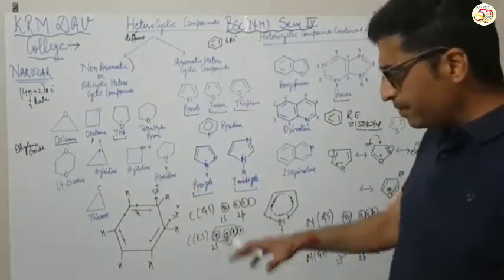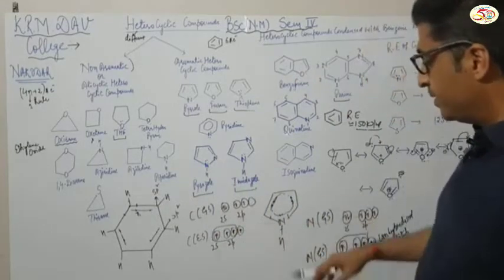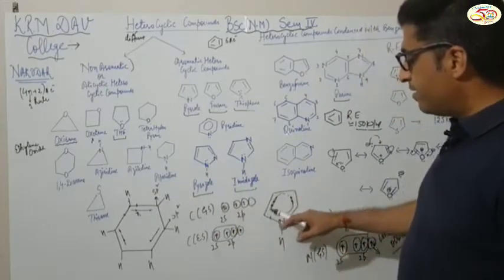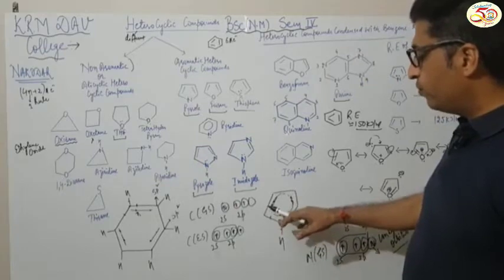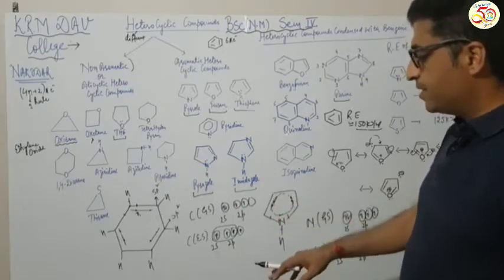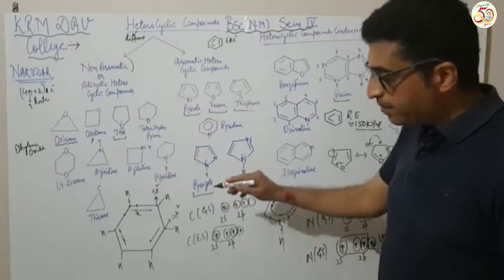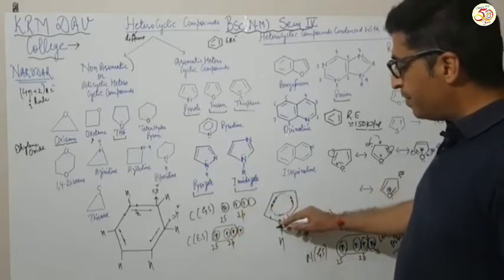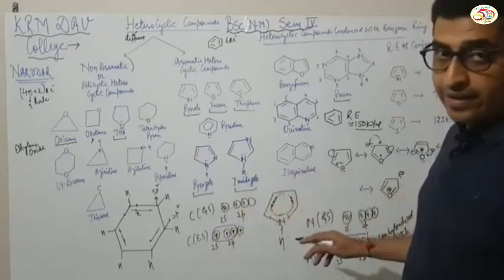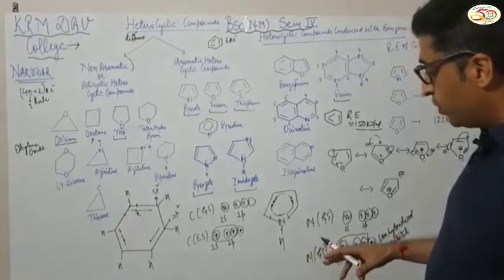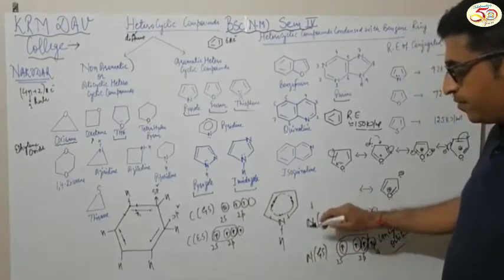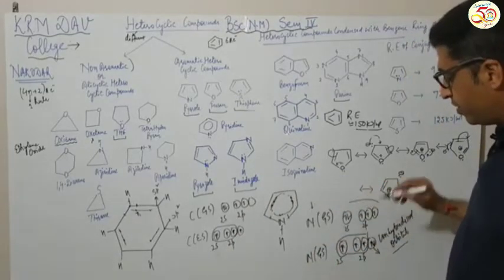And if I simply do one thing, if I remove one carbon atom and replace it with nitrogen and make it a 5-membered ring, is that clear? What is going to happen? This is nitrogen. I have replaced carbon with nitrogen. This is the configuration of nitrogen.